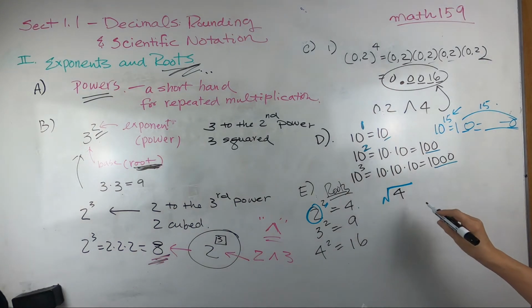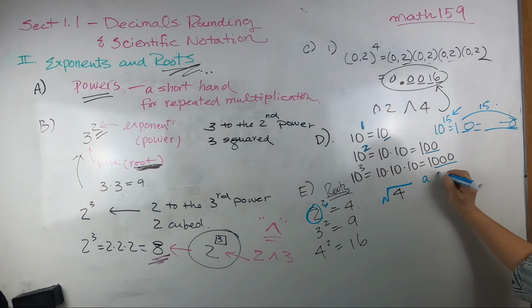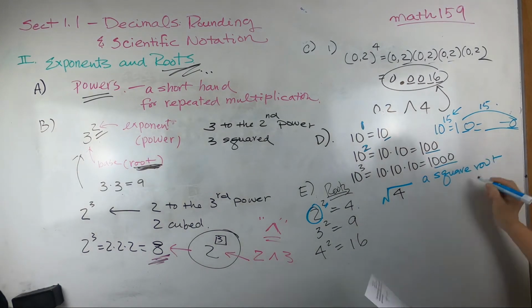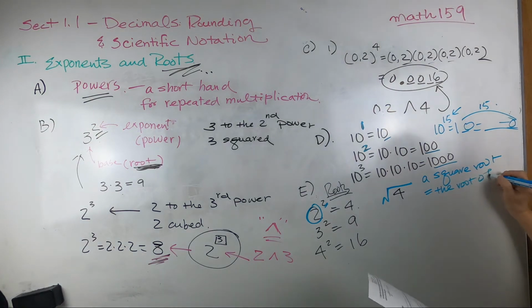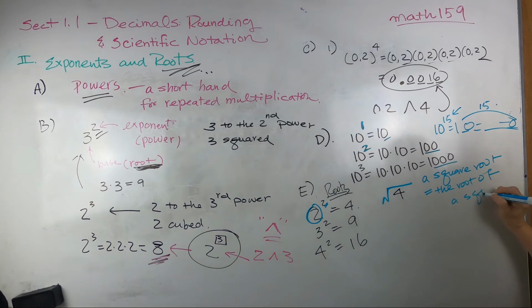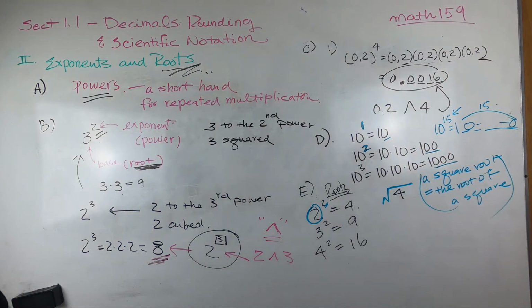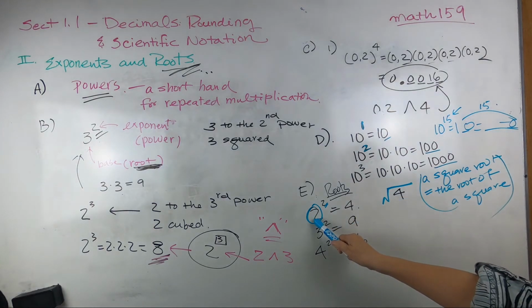Square root of 4 means what? We are talking about a square root. A square root means what? Find the root of a square. Okay? So we want to find out who is the root.